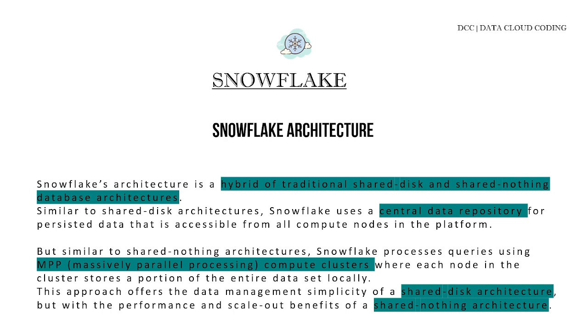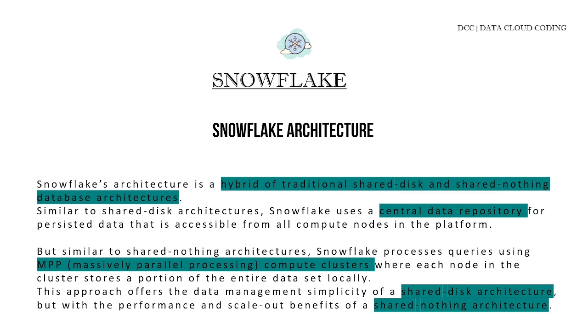Now, how does Snowflake leverage shared nothing architecture? Let's see that. Similar to shared nothing architecture, Snowflake processes queries using MPP, which is the short form of massive parallel processing. So Snowflake processes queries using MPP compute clusters, where each node in the cluster stores a portion of the entire data set locally.